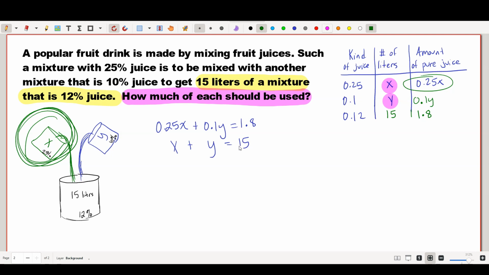So let's see here. I'm going to multiply this top equation. Let's say I want these x's to match up. If I multiplied it by 4, I know that my x term would be 1x. And I really want it to be negative 1x so that they're opposites. Therefore, when I add, it'll eliminate to 0. I'm actually going to choose to multiply everything by negative 4 here.